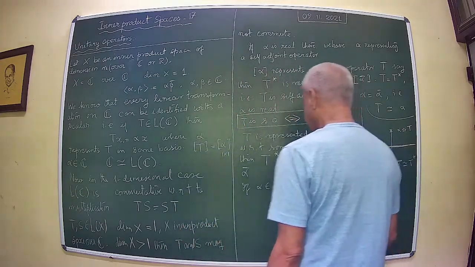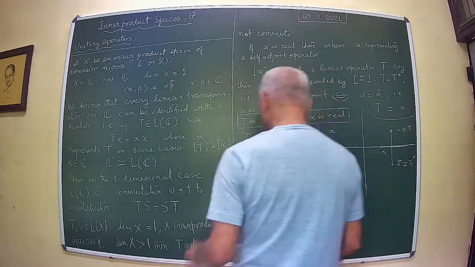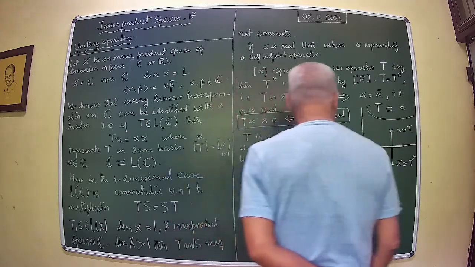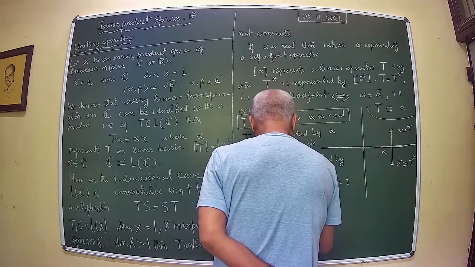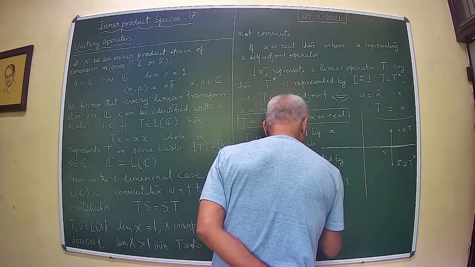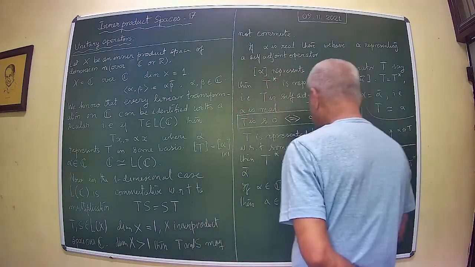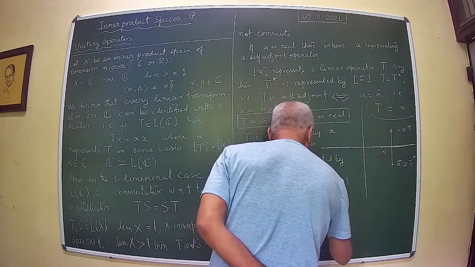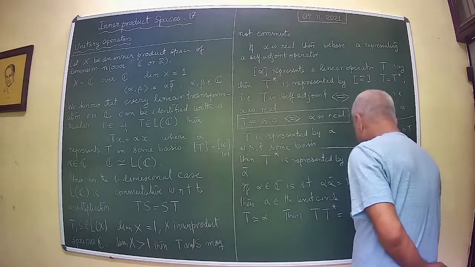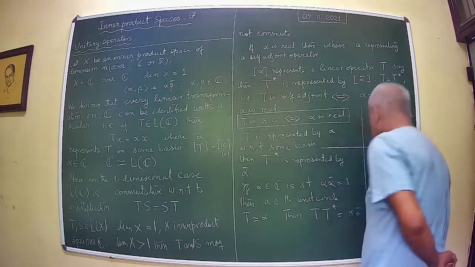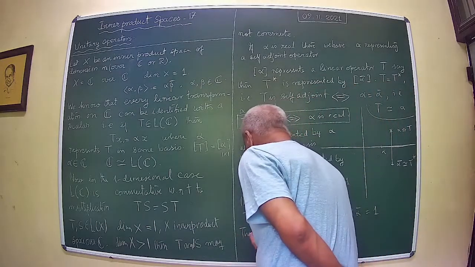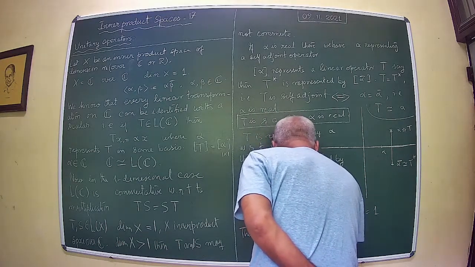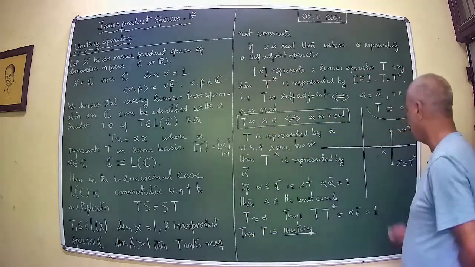So 1 corresponds to I. And the analogy that you would have, if T is alpha, then T star T equals alpha conjugate alpha, which is equal to 1, then T is what you call unitary. That means it lies on the unit circle.